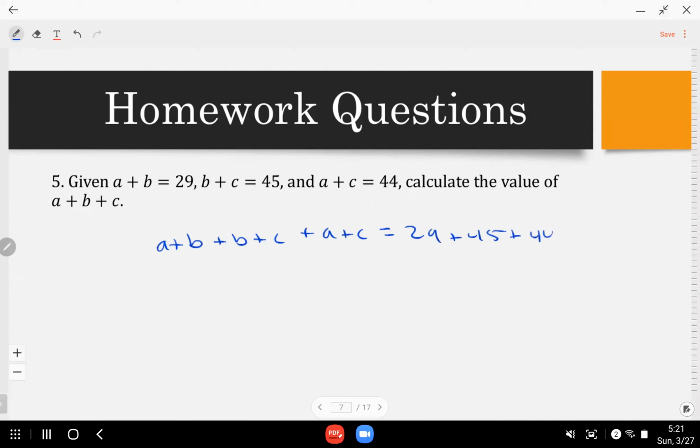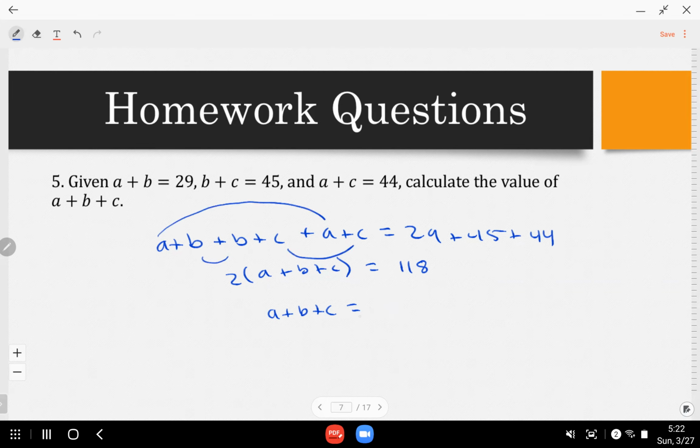You could also rearrange them into a plus b plus b plus c plus c, and notice that all the variables repeat twice. We need to find the sum of just one of each. So we can take 118 and divide it by 2. Yes, very good.